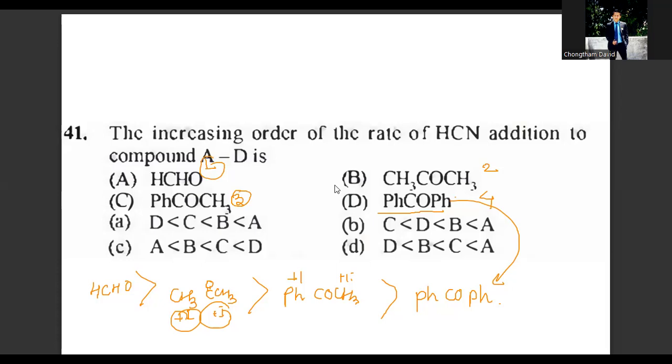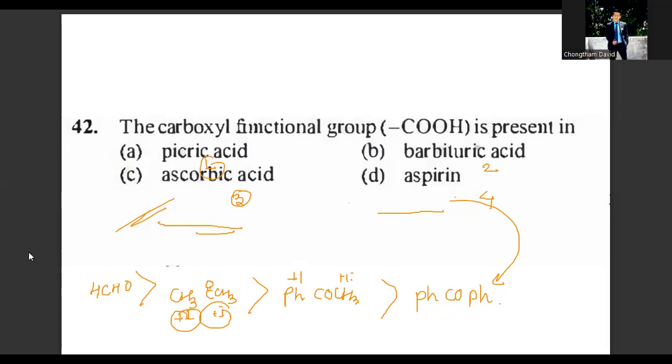So if you arrange properly, it goes D, C, B, A. Remember the key point is the lower reactivity of ketone is due to the presence of two alkyl groups which show plus I effect. And the reactivity of ketone decreases as the size of alkyl group increases. That's the bottom line.